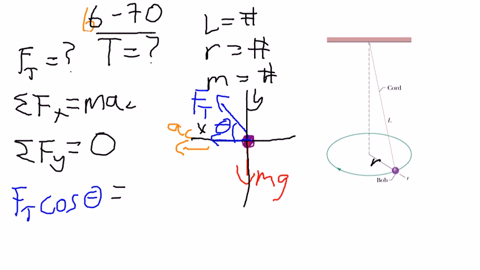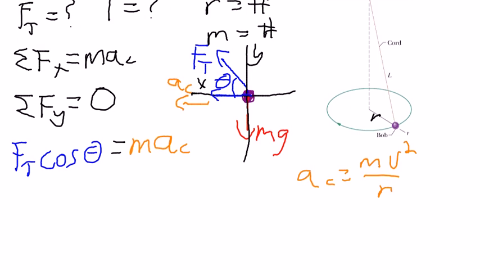That will be equal to m times our centripetal acceleration, which, if we recall, is v squared over r. And remembering also that v is equal to 2 pi r over the period T, then we can see where the period that we're trying to solve for comes into our equation.